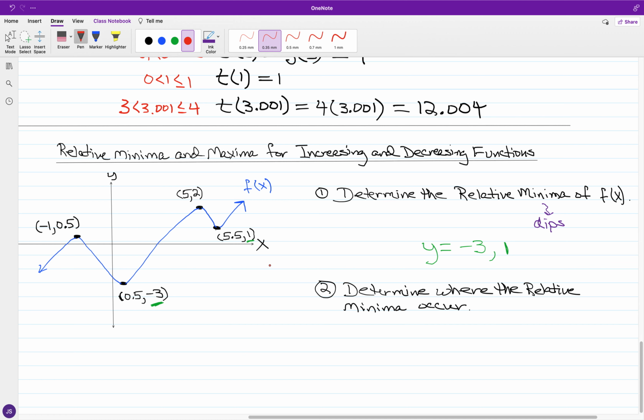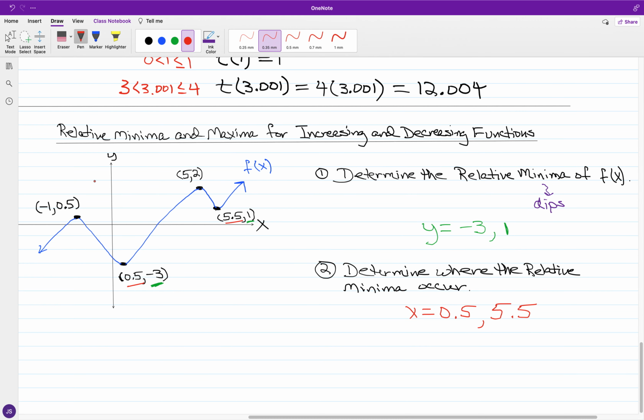At the first relative minimum, when y was at -3, your x value is at 1/2. And also whenever we have y at 1, x was at 5.5. So this is what we have regarding the relative minimum.